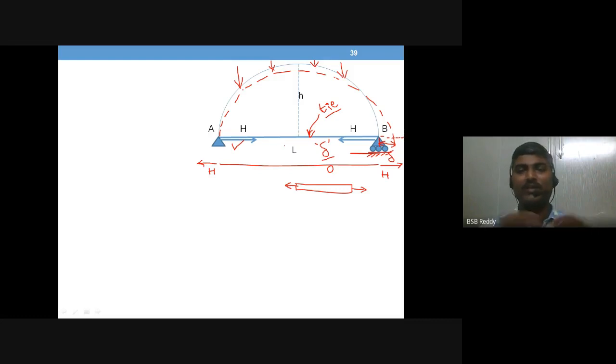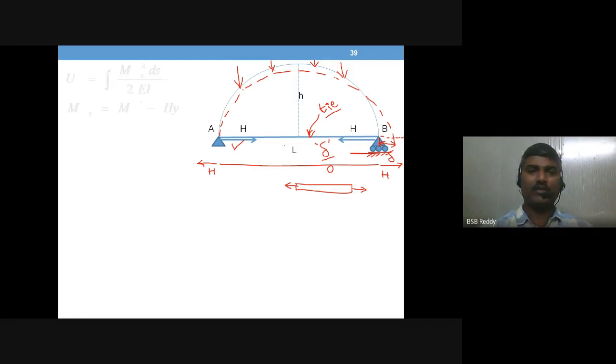If no tie is provided in the arch, you will have two hinges, right? So if you want a roller for the arch, then a tie shall be provided, right?